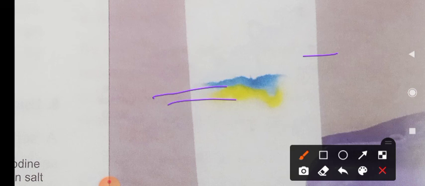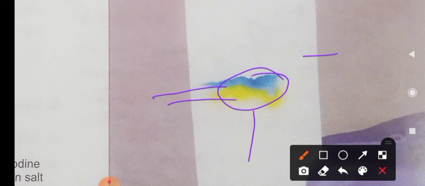Here we are using paper, so it is called paper chromatography. The adsorbent, the ink, is called the stationary phase, and the solution is called the mobile phase, because the solution is passing through the filter paper and makes the pigments separate.